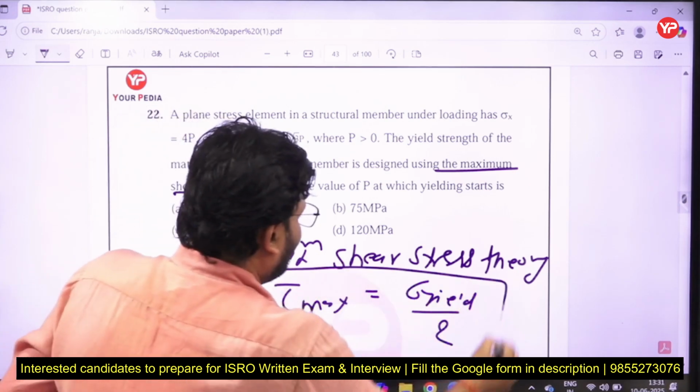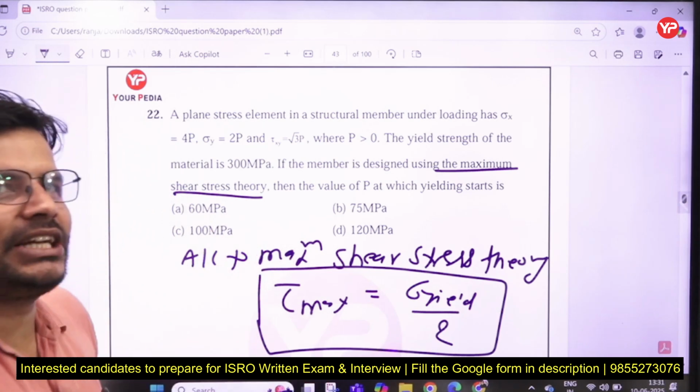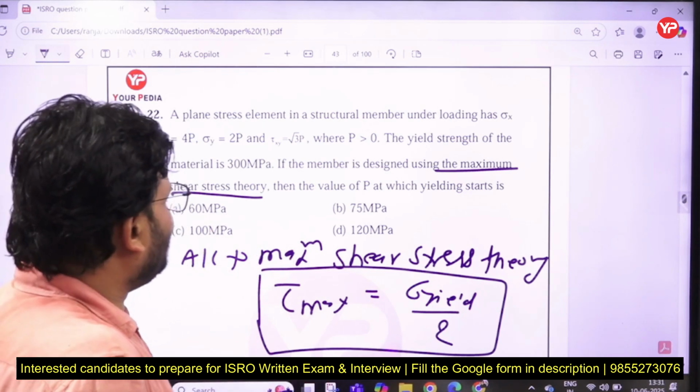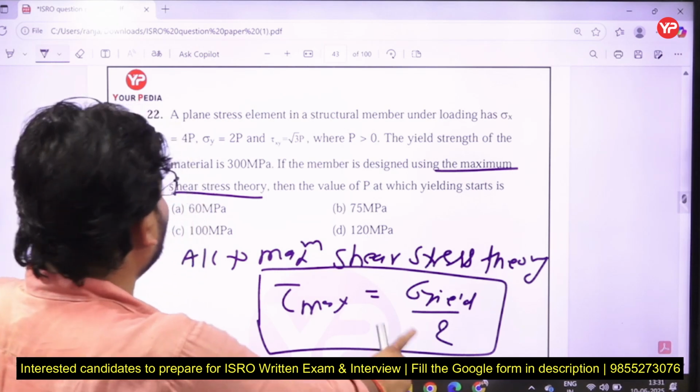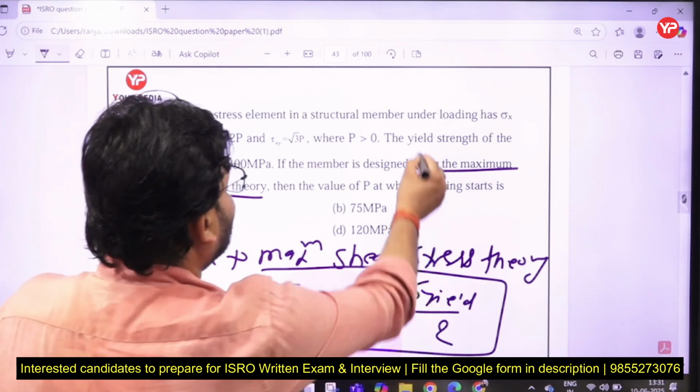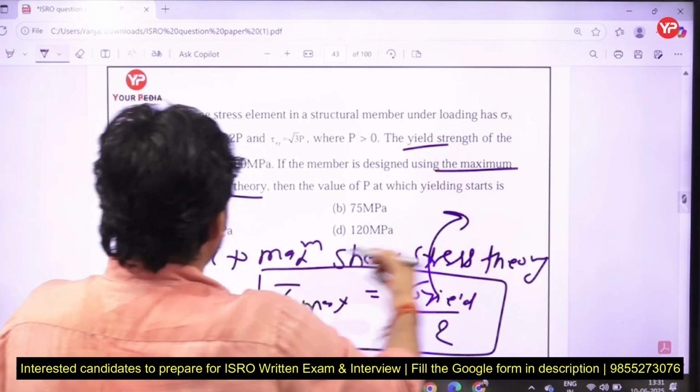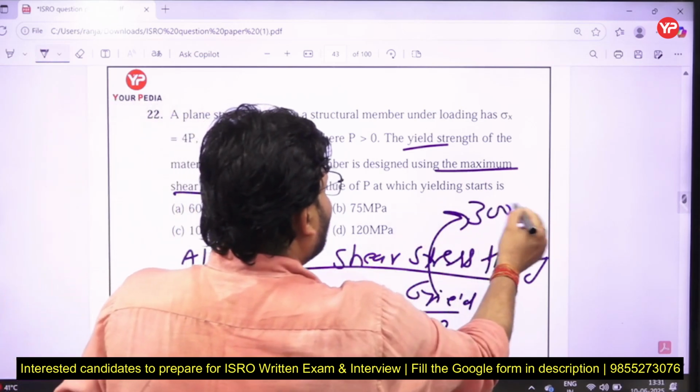Yes sir, that I know from the maximum shear stress theory. In the question I have to calculate the value of p. First of all, yield strength is given here, so sigma yield is given as 300 MPa.